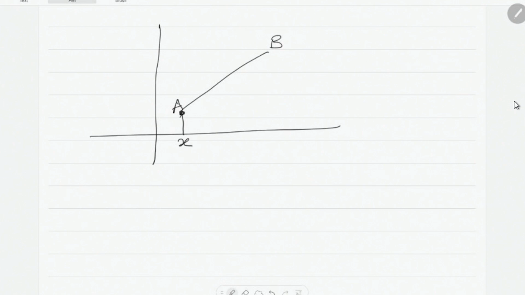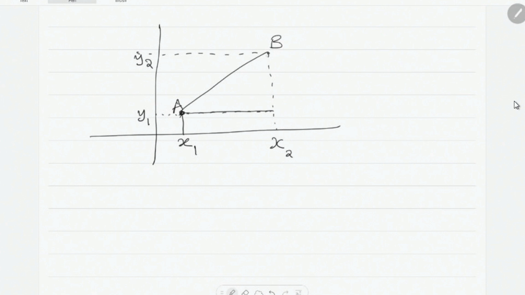Then in the y-axis, point A is Y1, and for point B, that will be Y2, because we have moved a certain distance, so we'll call that Y2. So let me also connect the line from point A to another line which is perpendicular to the x-axis at X2, and I'll call that E.